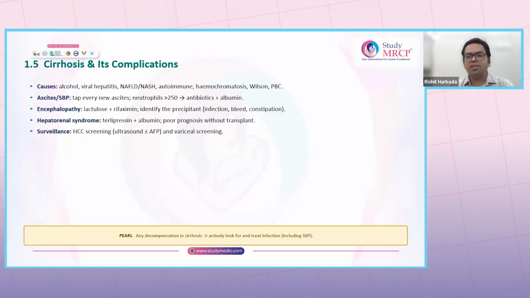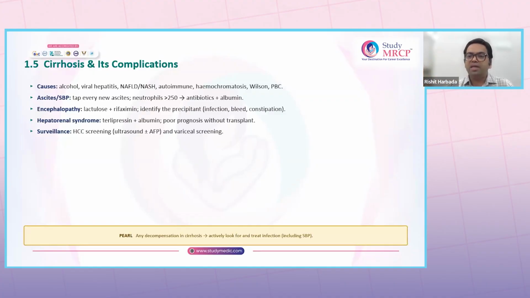So normally in cirrhosis, there are two types. One is compensated cirrhosis and one is decompensated cirrhosis. In compensated cirrhosis, patients are usually stable, don't have many symptoms, and will only have abnormal LFTs, splenomegaly, mild thrombocytopenia, mild anemia.